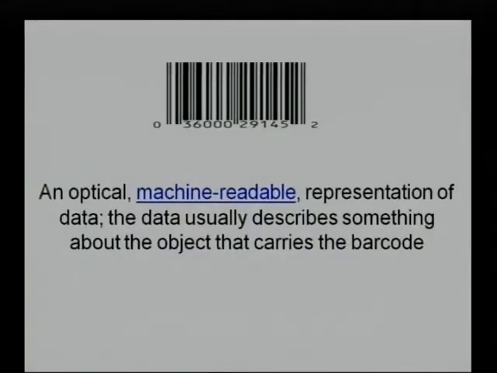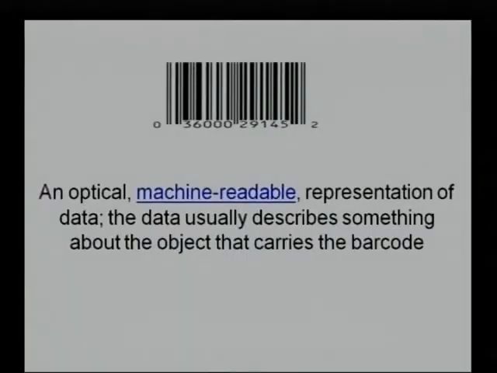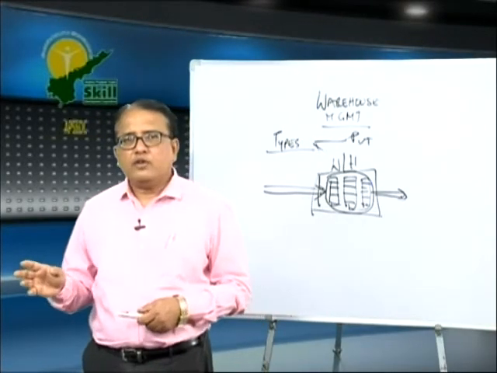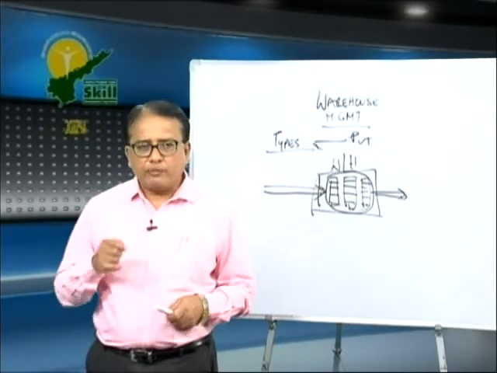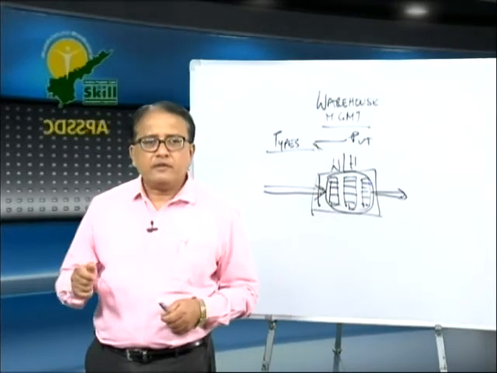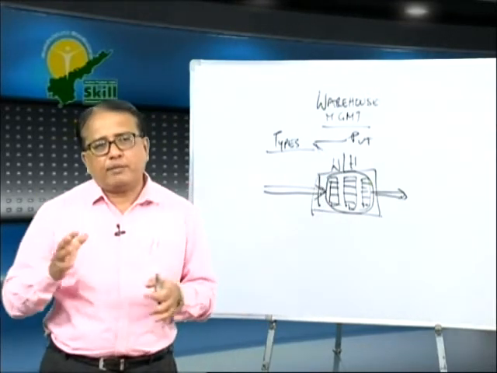A barcode is basically a representation of data. These horizontal lines that you see are a combination of information or data which cannot be read normally. So, we use a scanner to read the data which is hidden in that particular barcode.